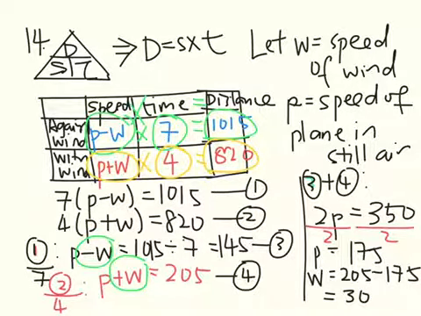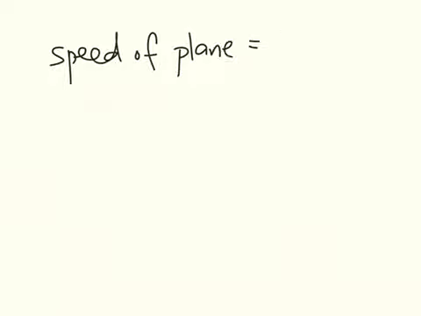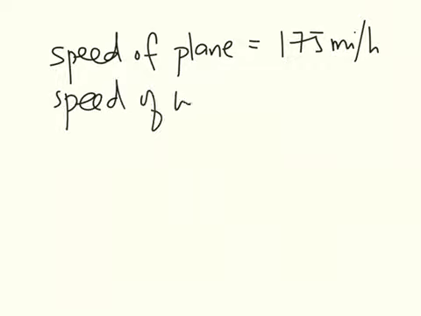So the answer is: the speed of the plane equals 175 miles per hour, and the speed of the wind is 30 miles per hour. Okay, thank you.